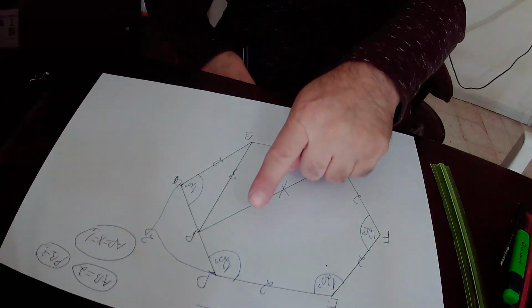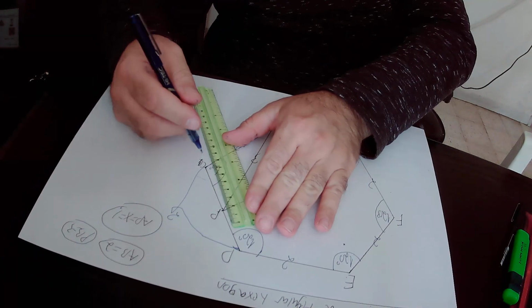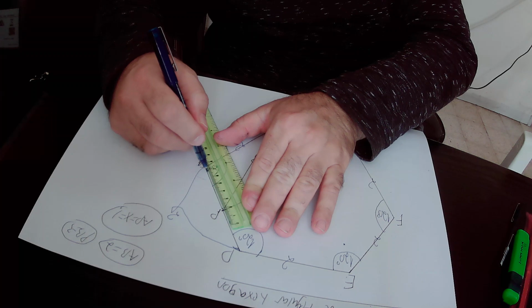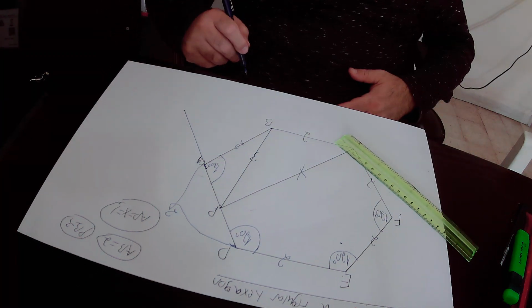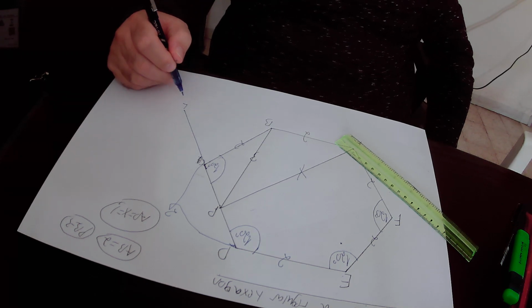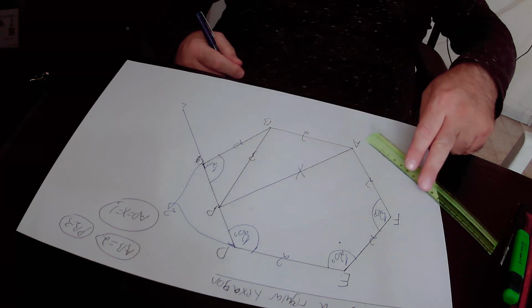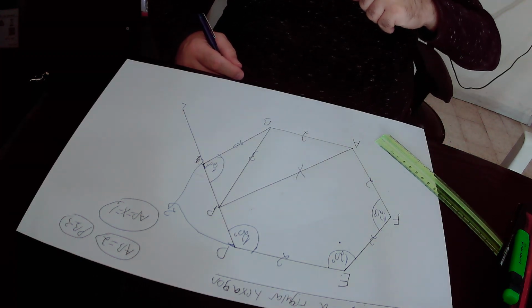We will extend side DC by a straight line. We will define this point as point L. DC is one side out of the 6 sides of this regular hexagon, therefore it is absolutely a straight line.